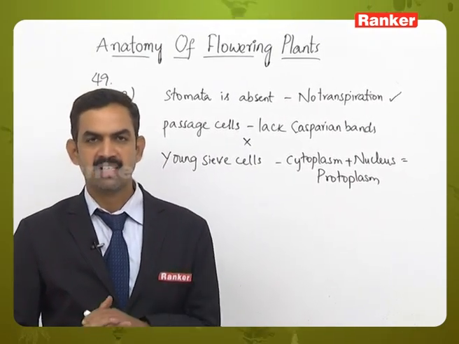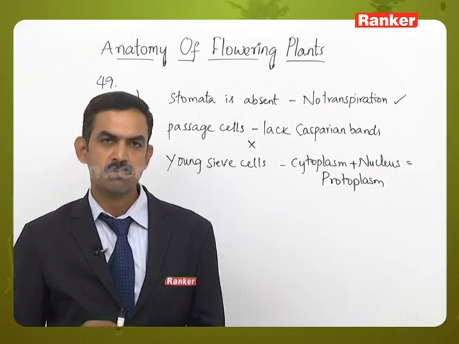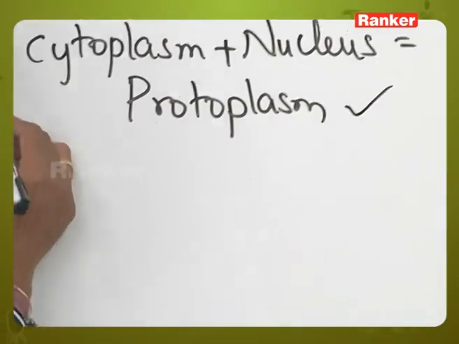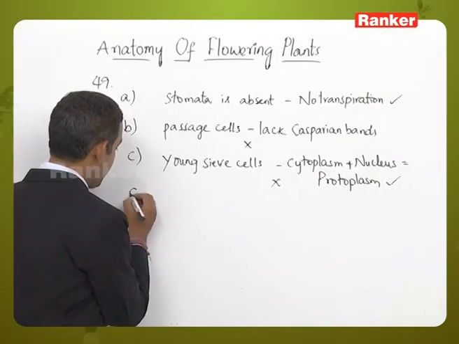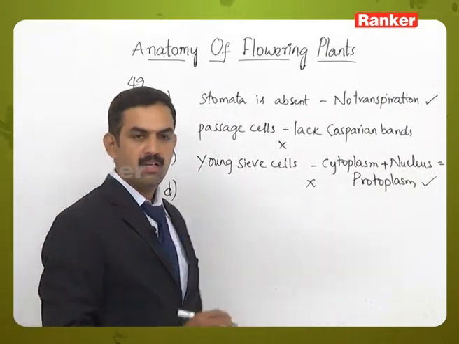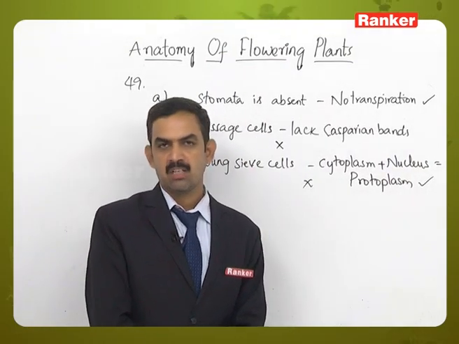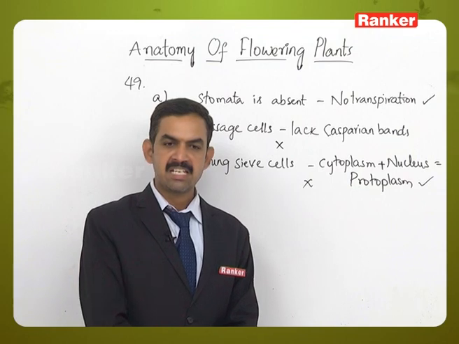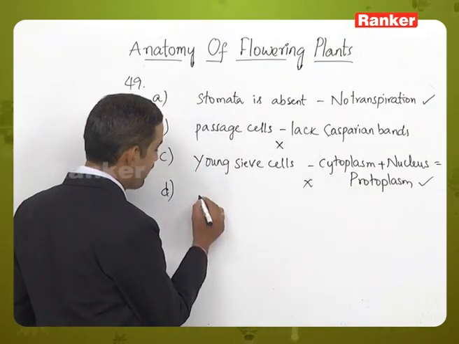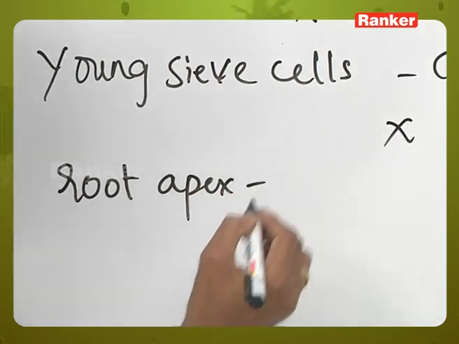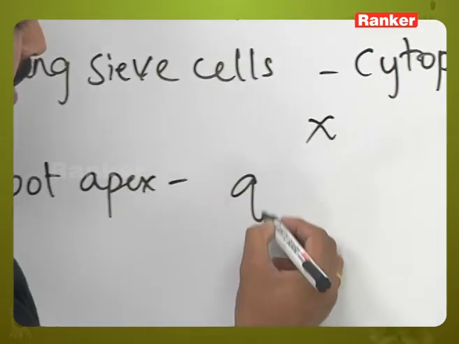At that condition we can say that only cytoplasm is present, but in the young cells protoplasm is present. So from the given options the statement is wrong. Let us see statement D. The shoot apical meristem has quiescent center. Quiescent center is seen in the root apical meristem. The root apex will show the presence of quiescent center.